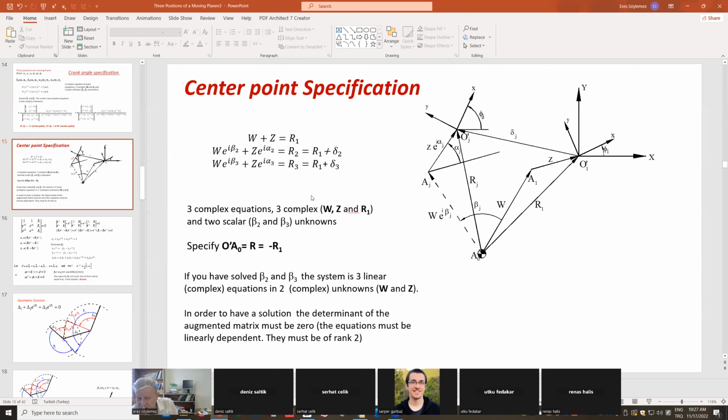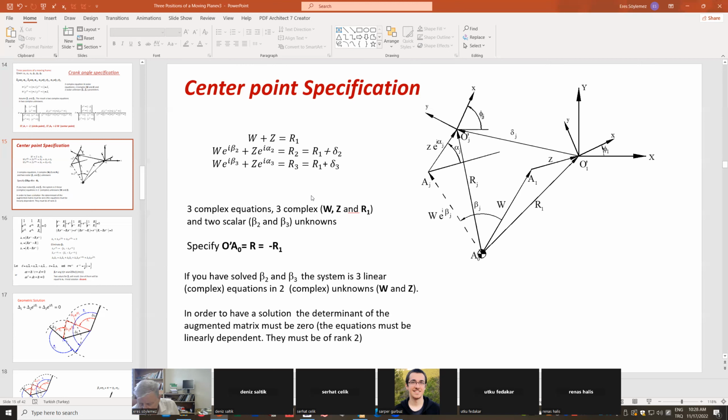In these six scalar equations, the unknowns are W, Z, beta 2, and beta 3. Can everyone see that, please? R is given, delta 2 is given, so I know R1, R2, R3. I can calculate them. I know alpha 2, alpha 3. The unknowns are W, Z, beta 2, and beta 3.